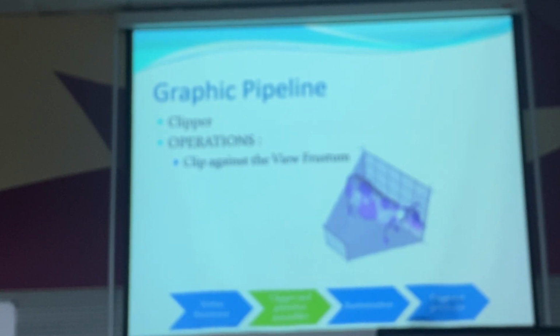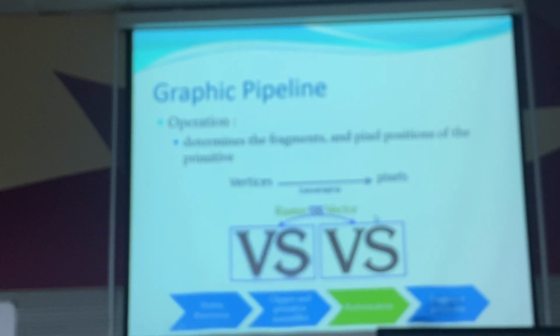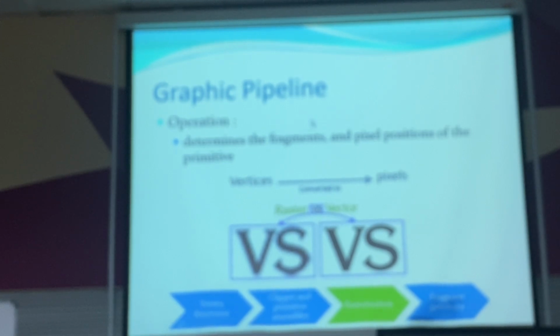So after you have all these vertices, you pass them to your rasterizer. Rasterization: the rasterizer is the one that converts your vertices to pixels. This one happens in your graphic card. The frame buffer is the one doing the job, from the raster to the vector graphic. So it will determine the fragments.